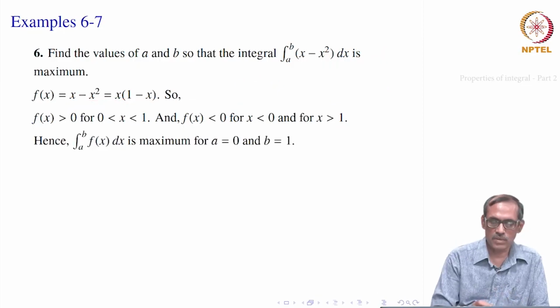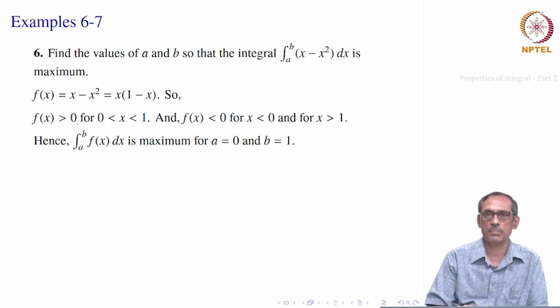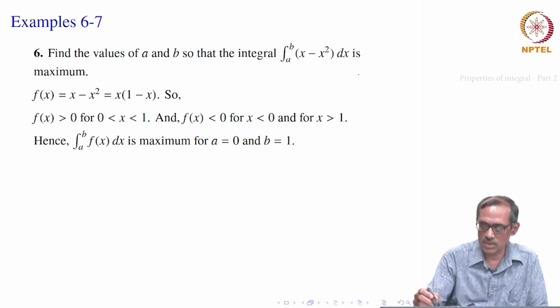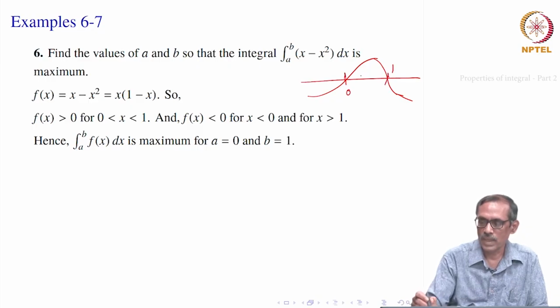Once we are going to find this integral to be maximum, we should find out where it is positive. So, the picture would look something like this, not exactly, but like this. Here it is 0, here it is 1, from 0 to 1 the function remains positive and elsewhere it becomes negative.